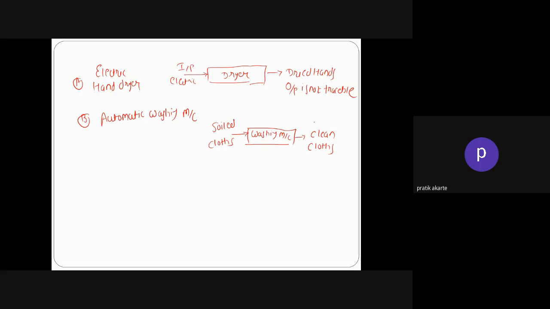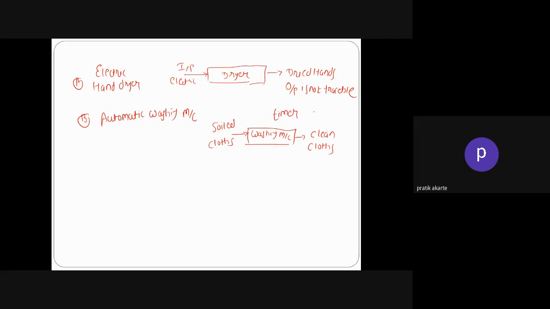Fine. Is there any arrangement to detect whether the clothes are soiled or clean? No. We can consider soap, electricity and water also as input. And the control action is totally dependent on the timer.